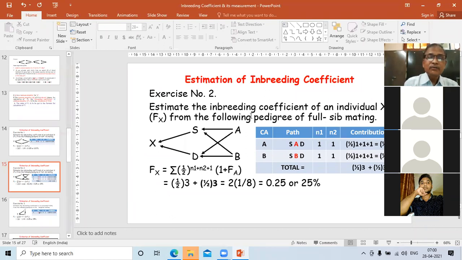That means when the inbred individual is produced by half sib mating, its inbreeding coefficient is 0.125 or 12.5%, and when the individual is produced by full sib mating, its inbreeding coefficient is 0.25 or 25%. Then again, an inbreeding coefficient of 25% means that when the individual is produced by full sib mating, 25% of the total loci of the individual are homozygous.